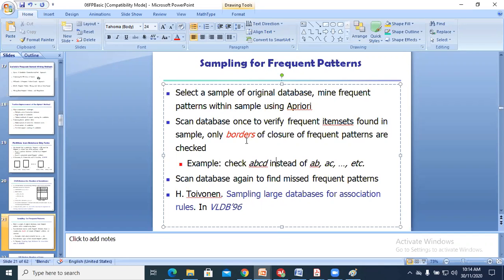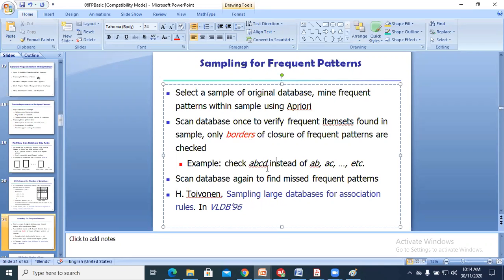For example, if ABCD is frequent in the 100,000 database, we only scan the database once, and we will find that ABCD is frequent.